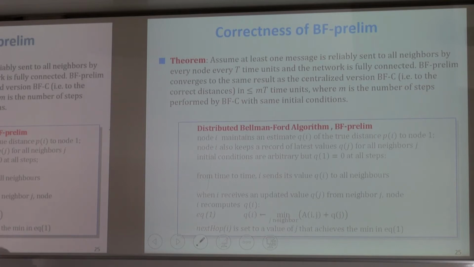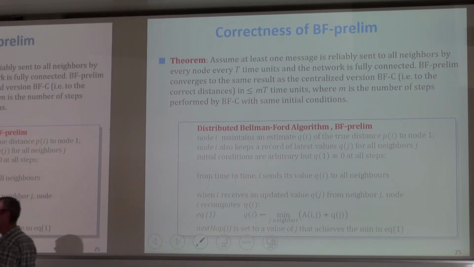centralized. So more precisely, if at least one message is reliably sent to all neighbors by every node every t time units, and if the network is fully connected, then this algorithm converges to the same result as the centralized version, namely to the correct values, in a number of steps which is bounded by the time unit times the number of steps that the centralized version would have taken.